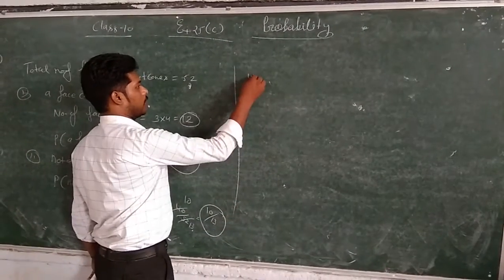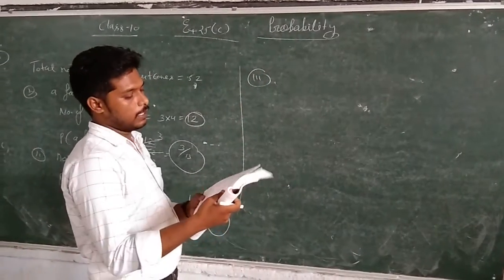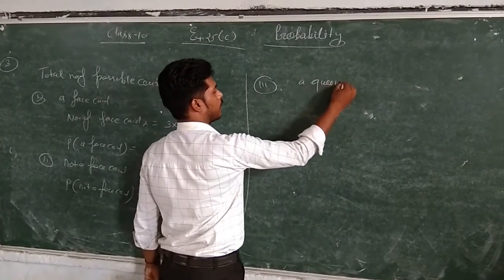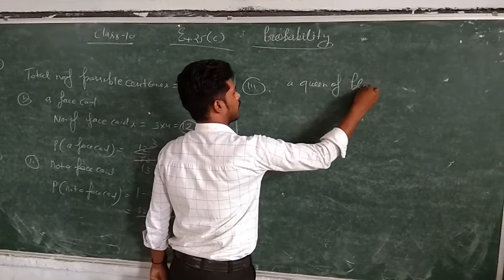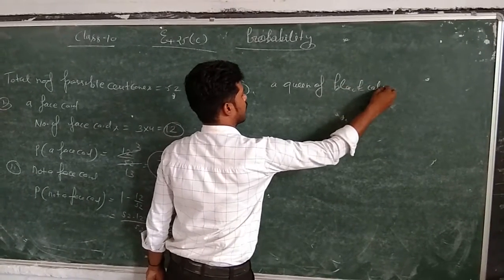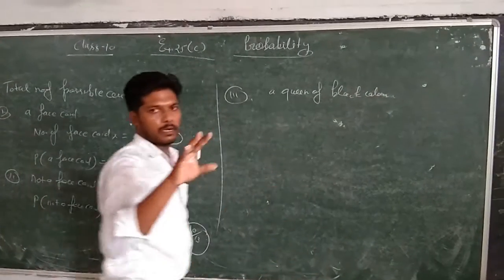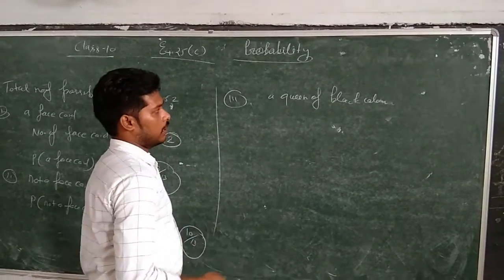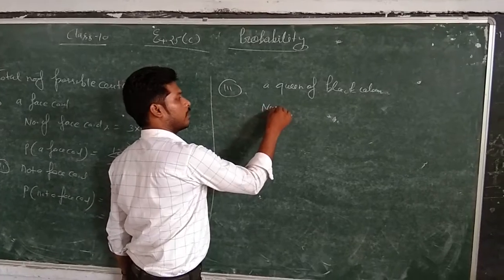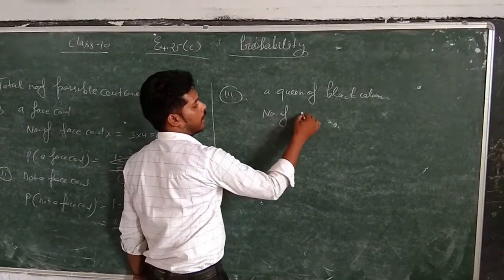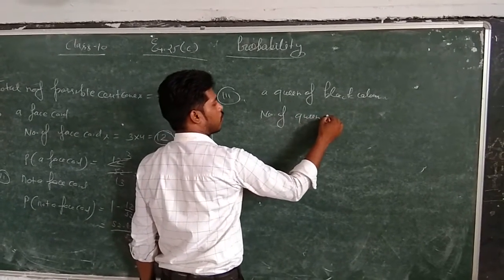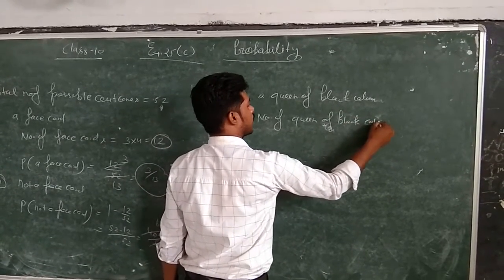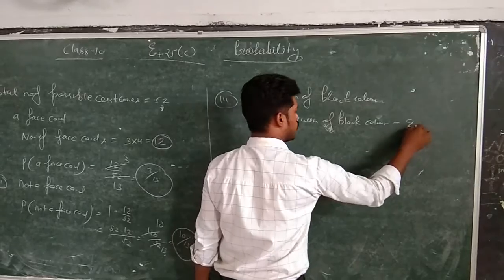Now point number 3 is a queen of black color. You know very well club and spade are black in color. So the number of queens of black color is equal to 2.